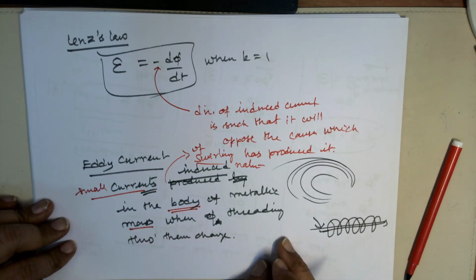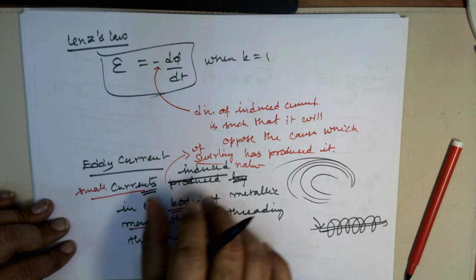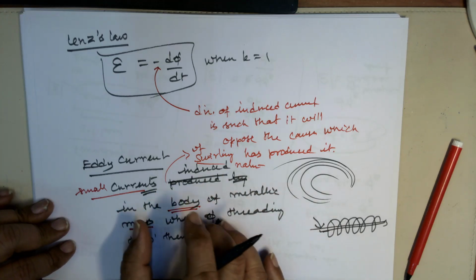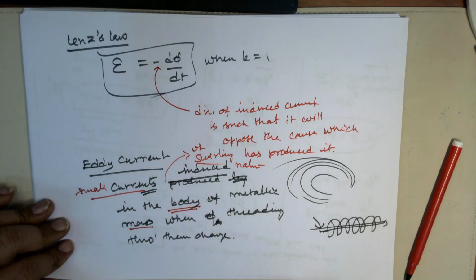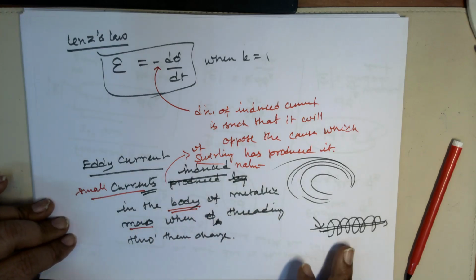So when the magnetic flux keeps changing, this kind of eddy currents are induced inside the coil where you have the solid mass of metal.